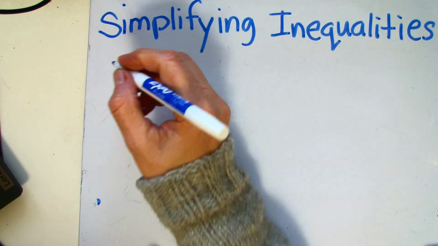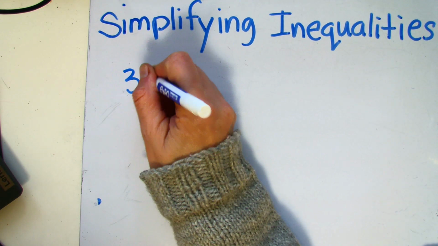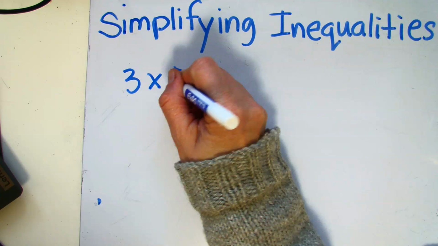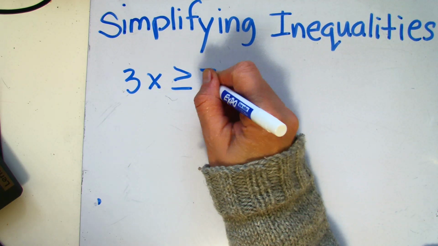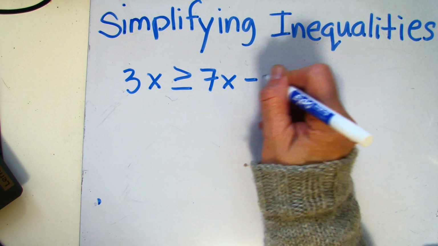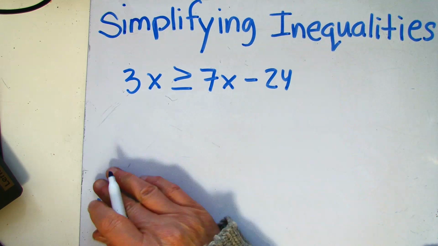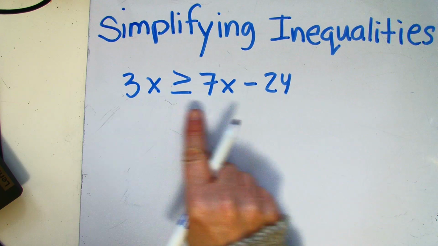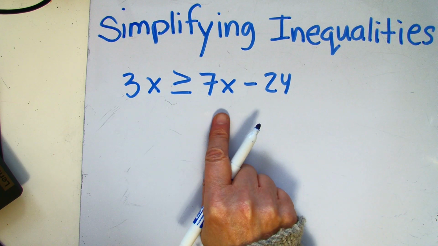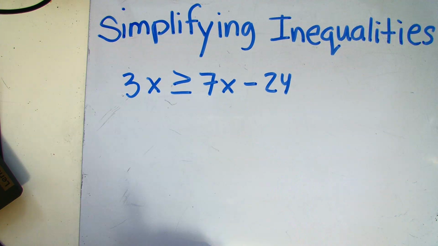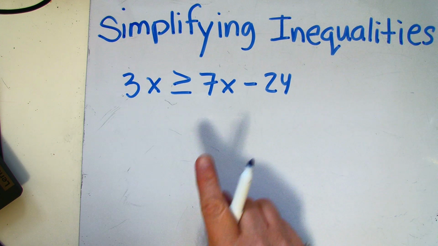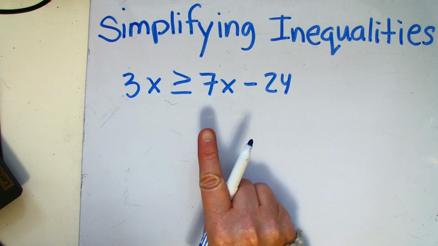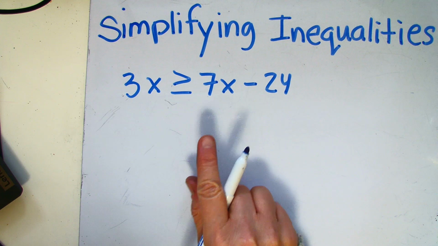In this first example, we're going to have 3x is greater than or equal to 7x minus 24. Notice that we have a variable on both sides of the inequality sign and our constant. We want to make sure that the variable is on one side and everything else is on the other side.